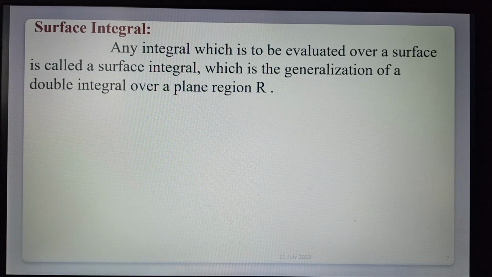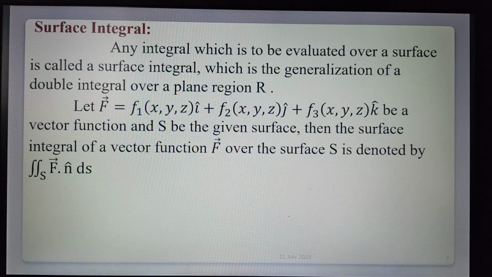This is the surface integral. See that definition again mathematically. Let f bar is equal to f1 i plus f2 j plus f3 k be the vector point function, where f1, f2, f3 are scalars, and S be the given surface.